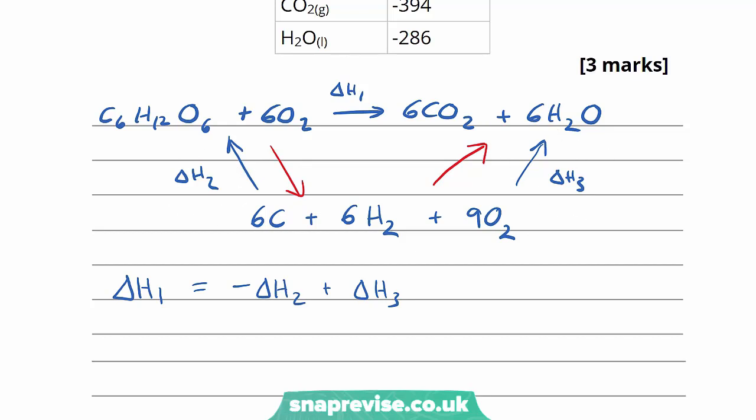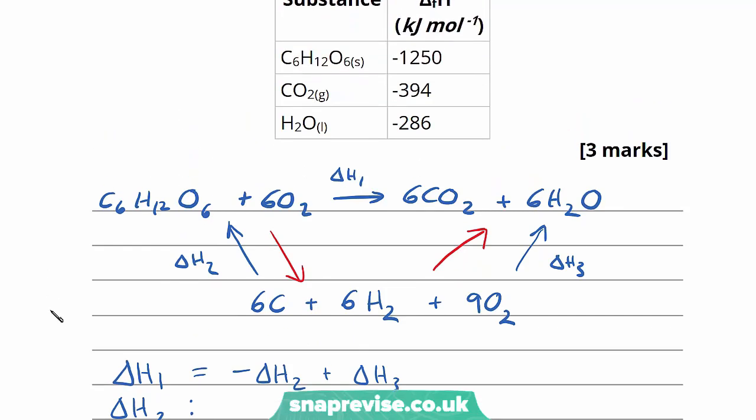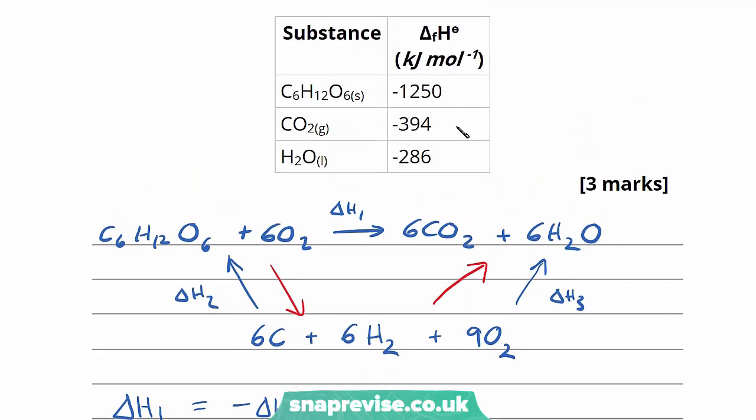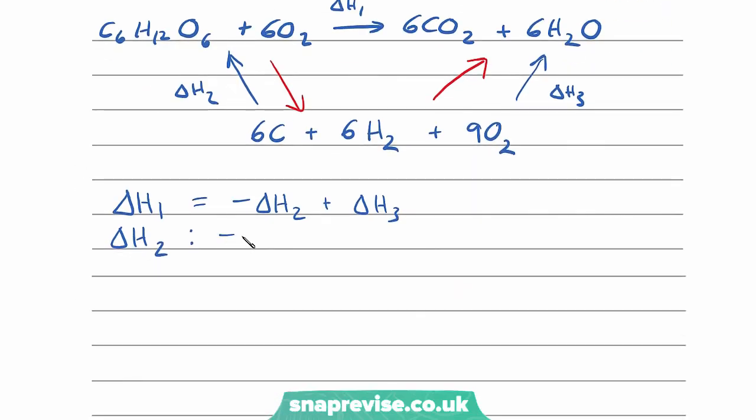Looking at delta H2 first of all, delta H2 is the enthalpy of formation of our glucose and our oxygen. Remembering that as oxygen is an element, it will have a standard enthalpy of formation of 0 kilojoules per mole. Looking at our table, glucose has a standard enthalpy of formation of minus 1,250 kilojoules per mole. So we can fill that in right here.